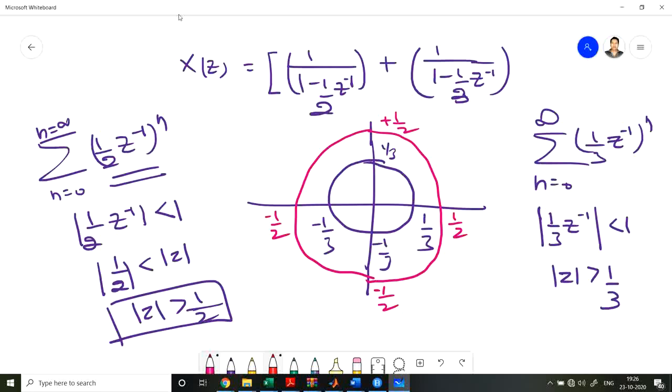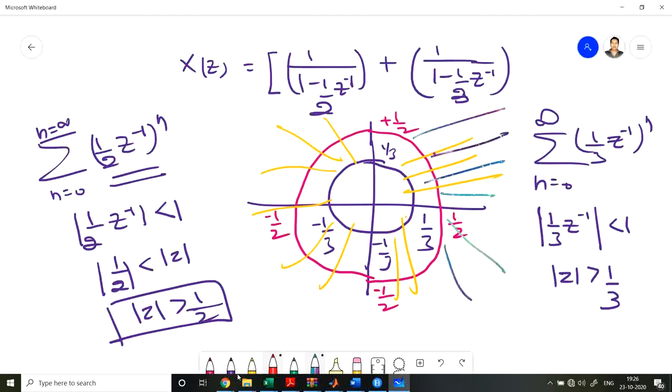If we combine the ROCs, the first ROC is |z| greater than 1/3, so this is the exterior of that circle. The second one is |z| greater than 1/2, so this is the exterior of that circle.